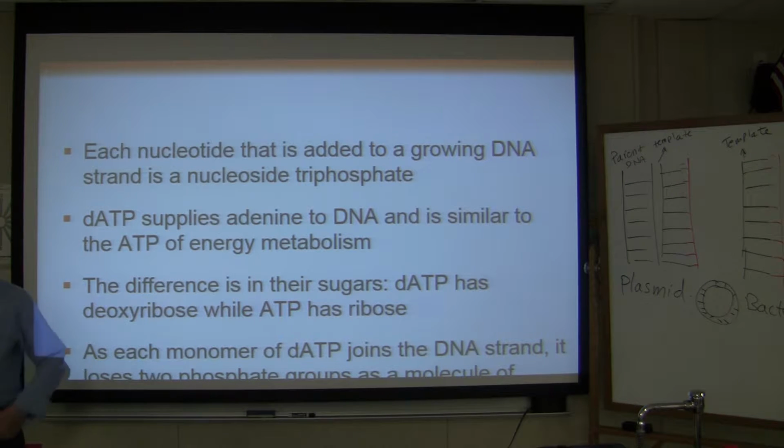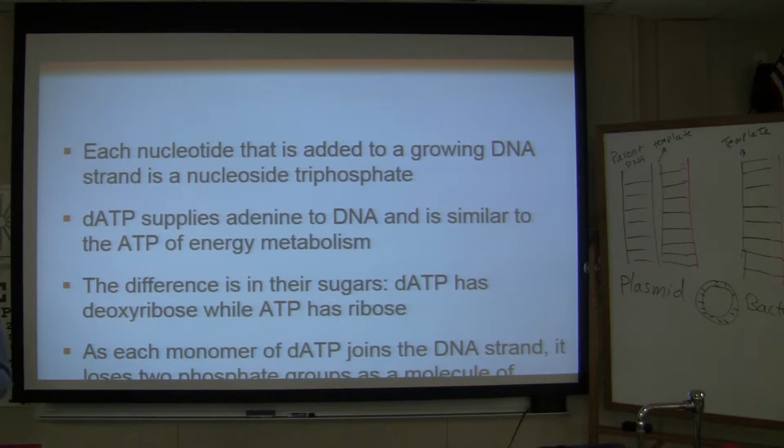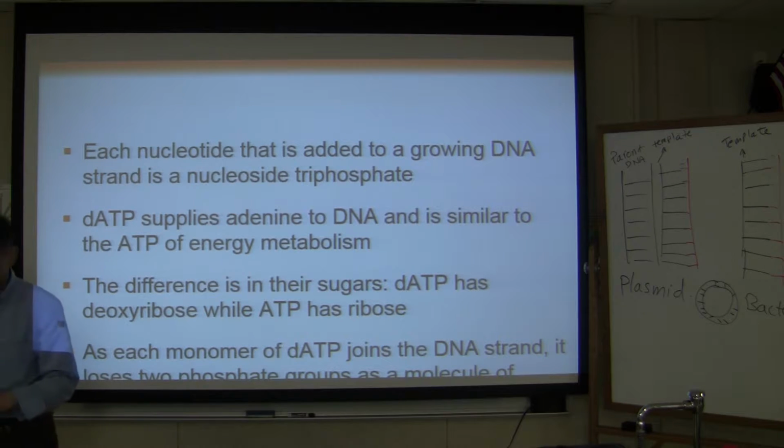As each monomer, some of you had problems with this during the last exam. Monomer means one, and polymer means many. DNA is a polymer, right? Adenine is a monomer. Guanine is a monomer. Of course, the nitrogenous base, when attached to a sugar phosphate, is a monomer.